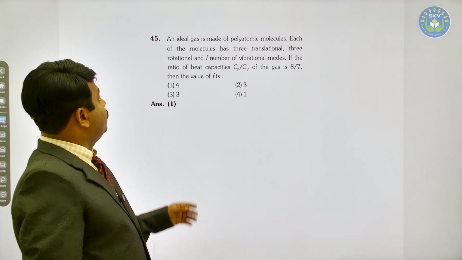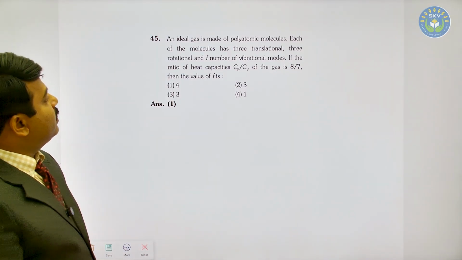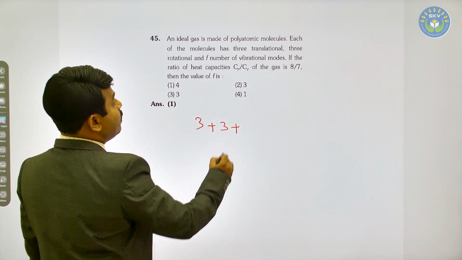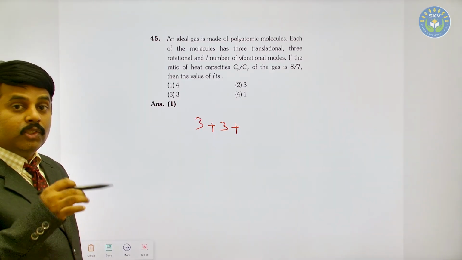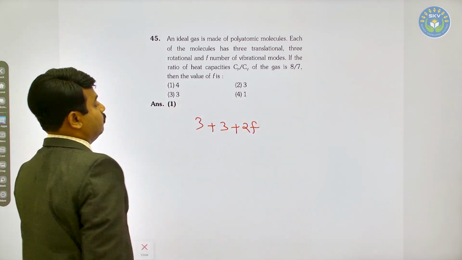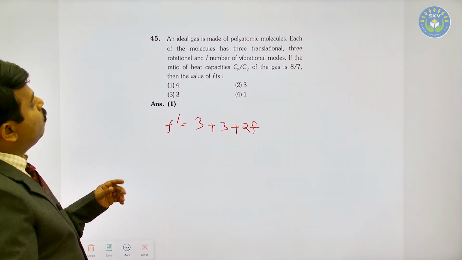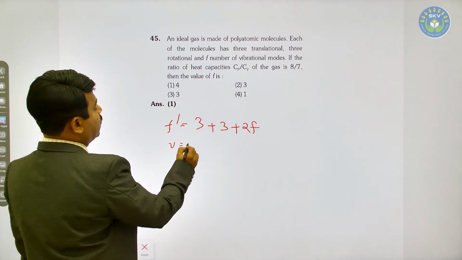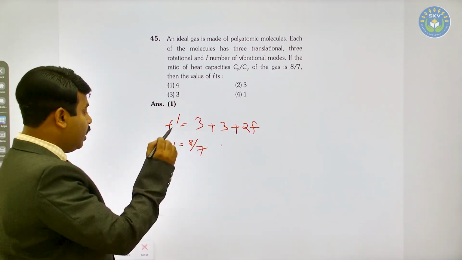An ideal gas made of polyatomic molecules, each molecule has 3 translational, 3 rotational and f number of vibrational modes. See, 1 vibration means 2 degrees of freedom. F number of vibrations means 2f degrees of freedom. This is the total number of degrees of freedom. Now, the ratio of heats, gamma, is given as 8 by 7. The value of f we need. How are gamma and f connected?